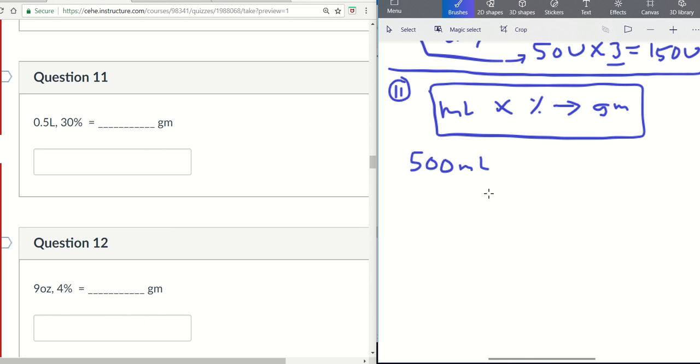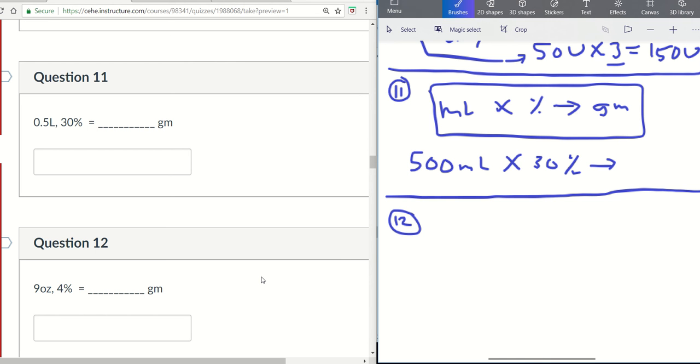So we got half a liter, which is 500 mLs, times 30%. So what'd you get for 11? 150. Very good.